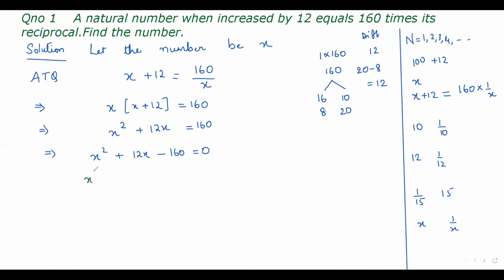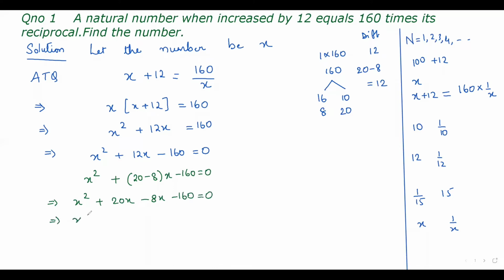So here x square plus, in place of 12 you can write 20 minus 8, into x, minus 160 is equal to 0. So now open the brackets carefully: x square plus 20x minus 8x minus 160 is equal to 0.